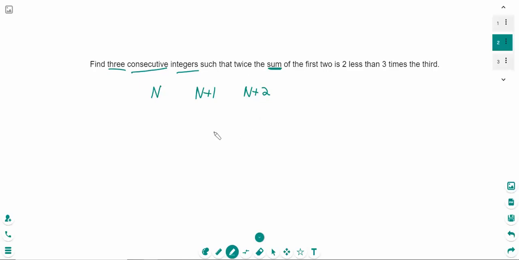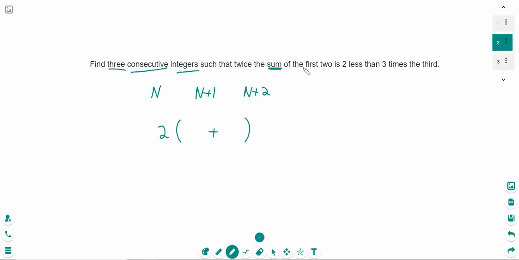Okay? So if you want, go ahead and write that out. We've got an addition problem, something plus something, and that addition problem is being multiplied by 2. Okay, twice this sum. All right, now what is the sum? Well, it says twice the sum of the first two.